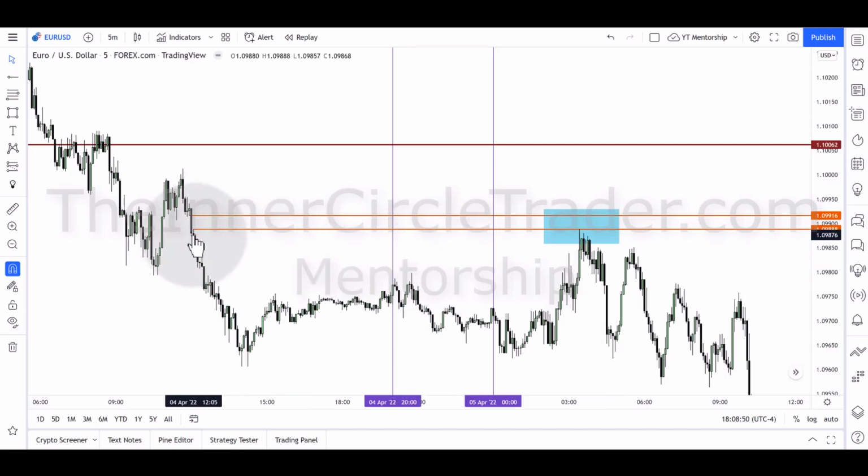This candle's high here comes in at 98.888. The high on this candle comes in at 98.807. Okay, so it's 1 pip below.